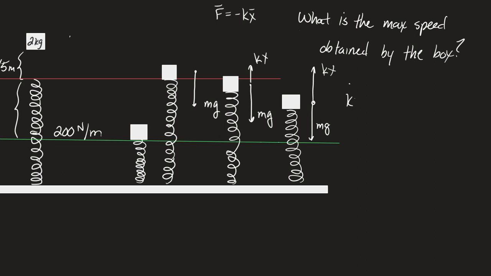So Kx equals mg, and I'm frustrated that no one can tell me what this is, but you should. It's not hard. mg is 20, k is 200. This has to be 0.1 meters. Which, by the way, now, again, the thing that I'm worried about, this is the new reference level.